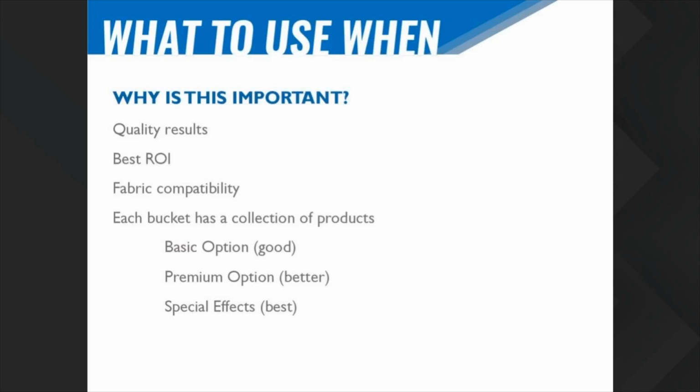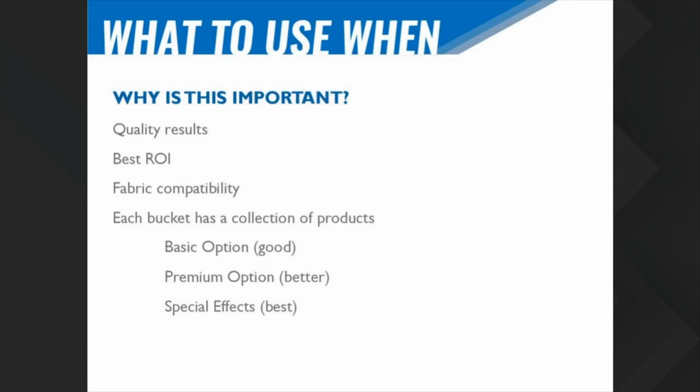So each bucket has a collection of products. We always recommend to our customers, because you guys are really selling out there to your consumer, to offer a good, better, and best option. That is a great way to sell your apparel and your accessories.